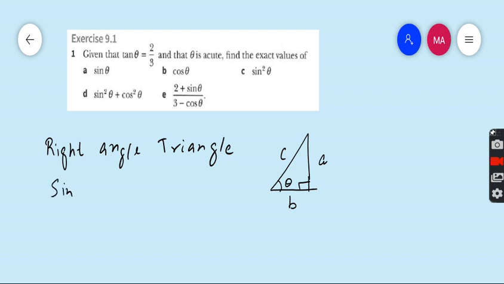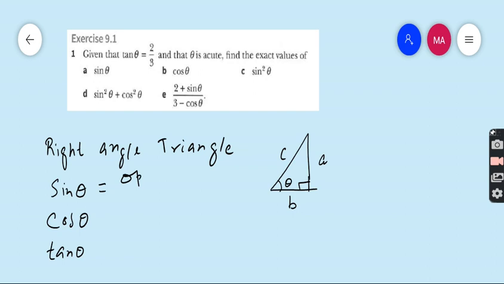There are three trigonometrical ratios. One is sine theta, other is cos theta, and tan theta. Not necessarily theta, this angle can also be alpha or beta or gamma, but usually we use theta, that's why I am writing theta.